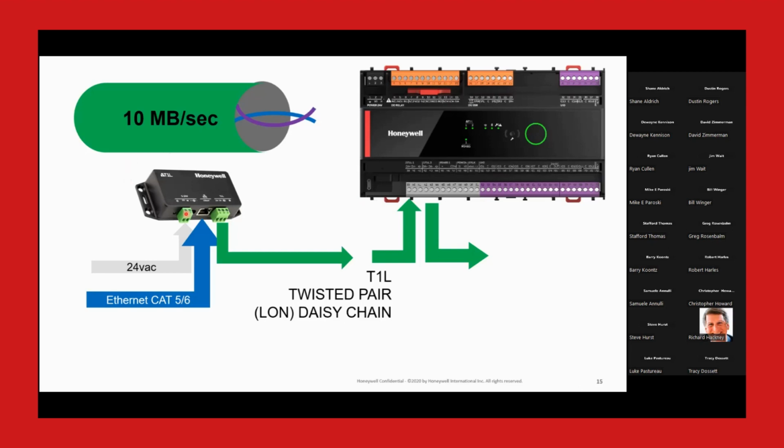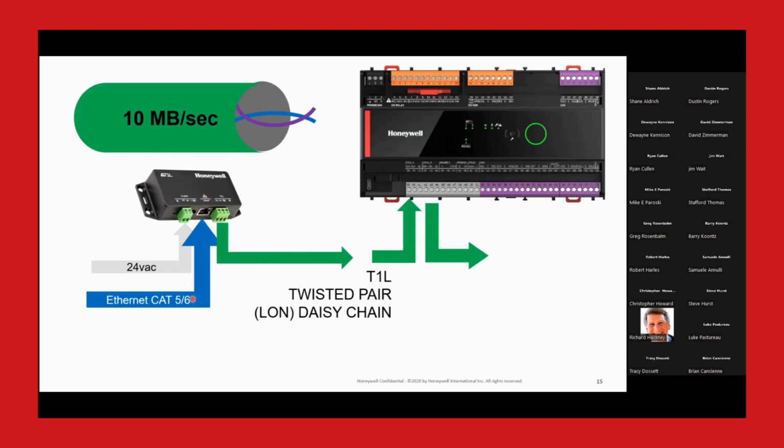So Honeywell is manufacturing an adapter that will let you convert a Cat5 or Cat6 bus connection to T1L. This doesn't do the speed conversion, but T1L devices, the ones that we've got, talk at 10 megabits. So the T1L bus will appear as a 10 megabit port.